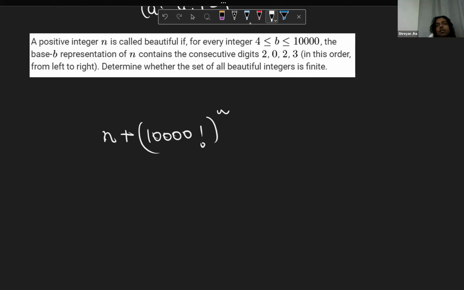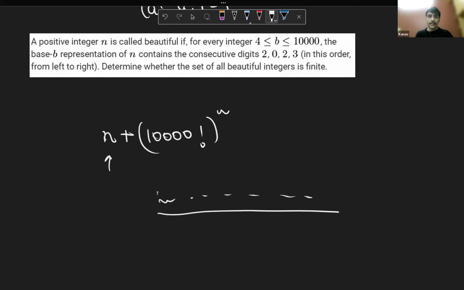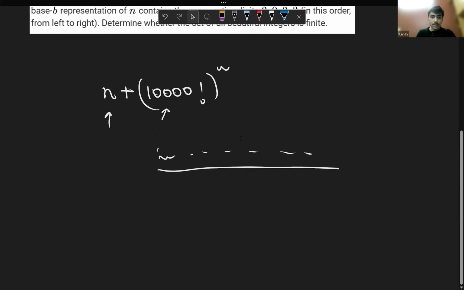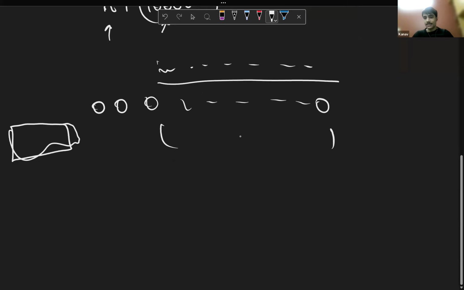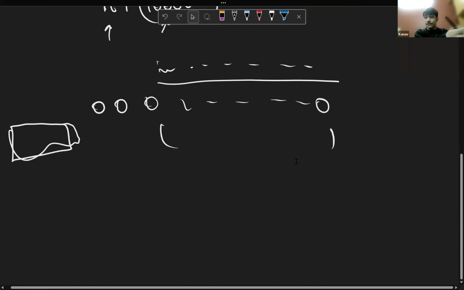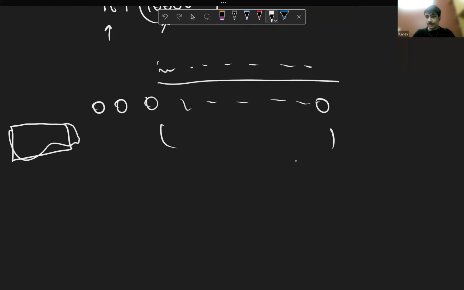Yes. So if you have this beautiful number n, let's look at a base b representation of n, which looks something like blah blah blah. Now this 1000 factorial, in base b representation, will look like a bunch of zeros out here. So when I'm adding, I can safely preserve n in the last digits, and whatever number comes in the front digits, I have complete freedom over. Does this make sense?